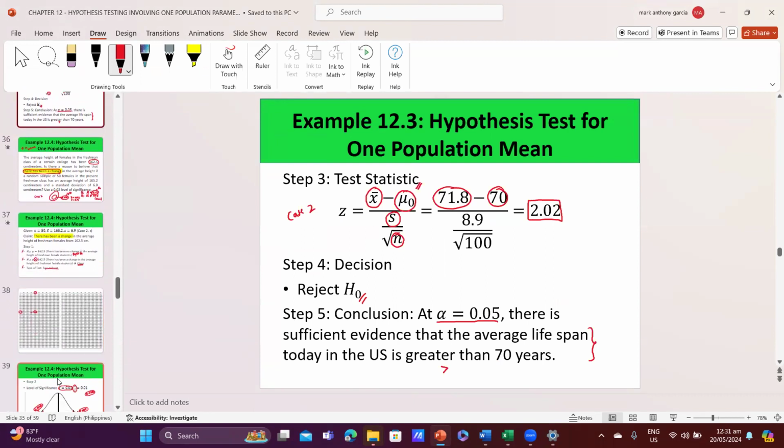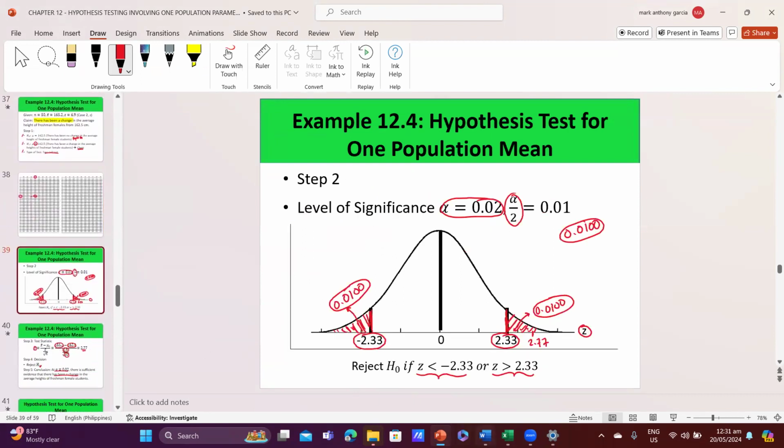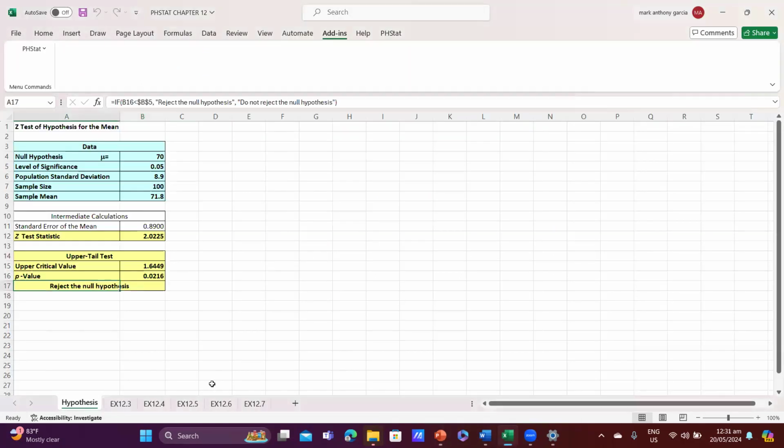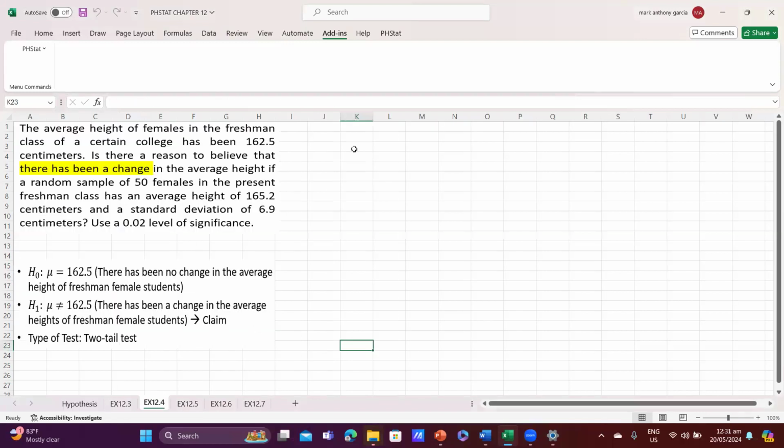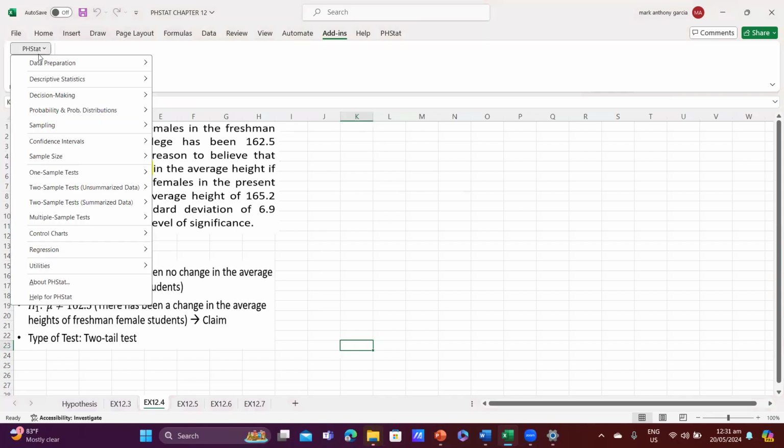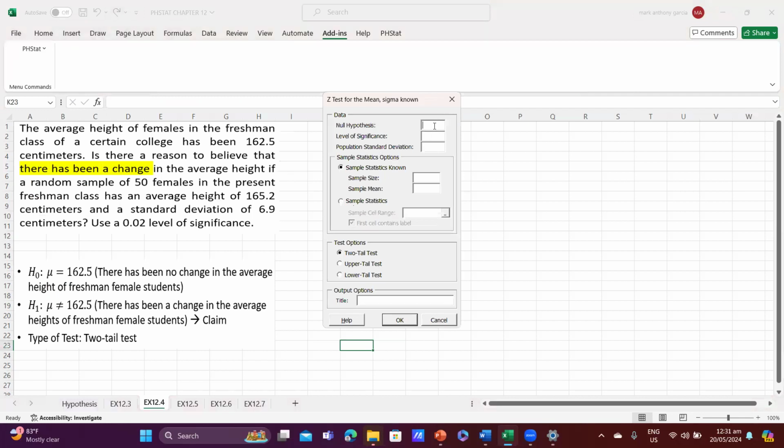Now, as for example 12.4, let's go back to the Excel file. So this is example 12.4 about the freshman female students. And then we have PHStat again, use one sample tests, and the Z test for the mean, sigma is known. In this case, we put 162.5 for the null hypothesis because that's the hypothesized value of the population mean.